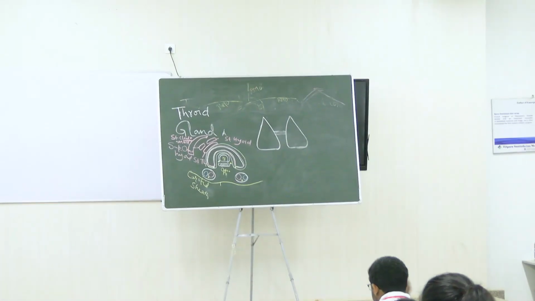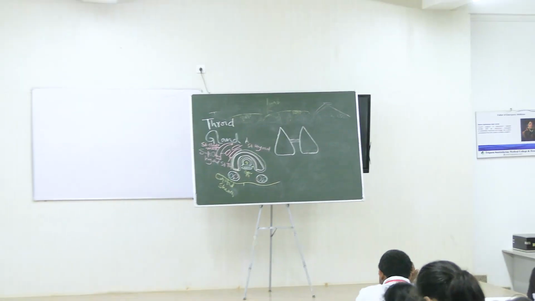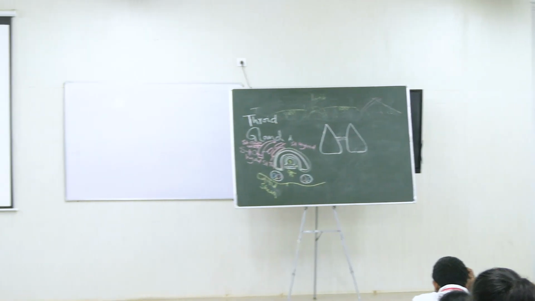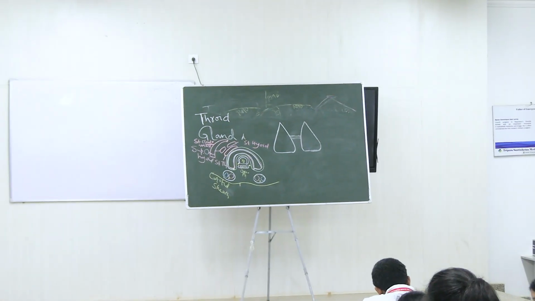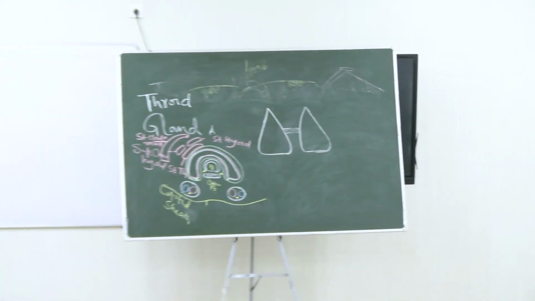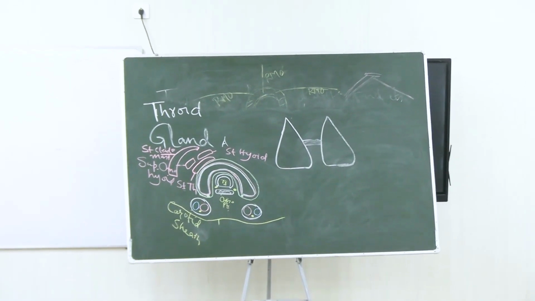There is another vein called Kocher's vein, which drains into the internal jugular vein. Most of the veins drain into the internal jugular vein.